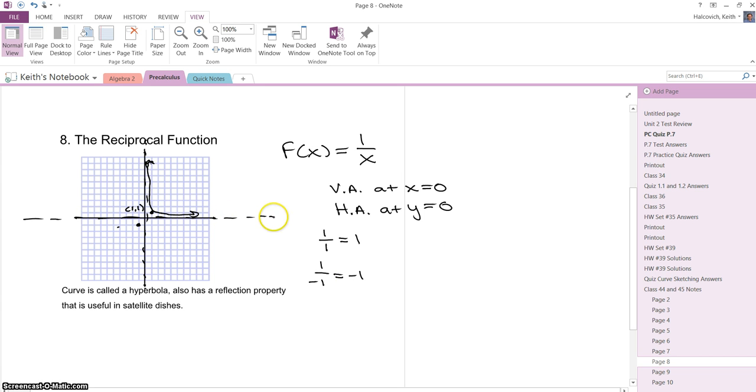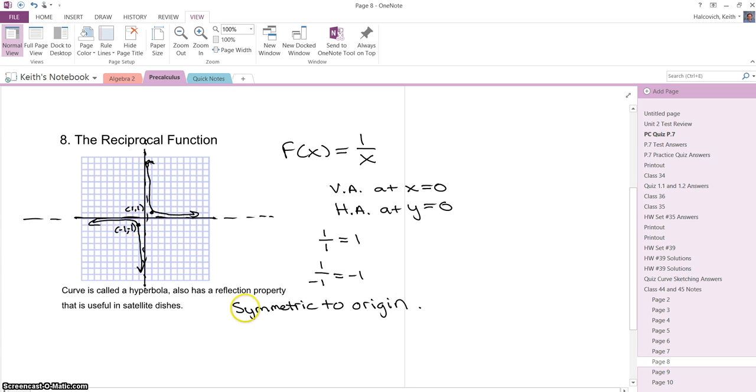So the point negative 1, negative 1 exists. Like that. This one also has a reflection property. It's symmetric to the origin as well, because notice the opposite points are on the graph.